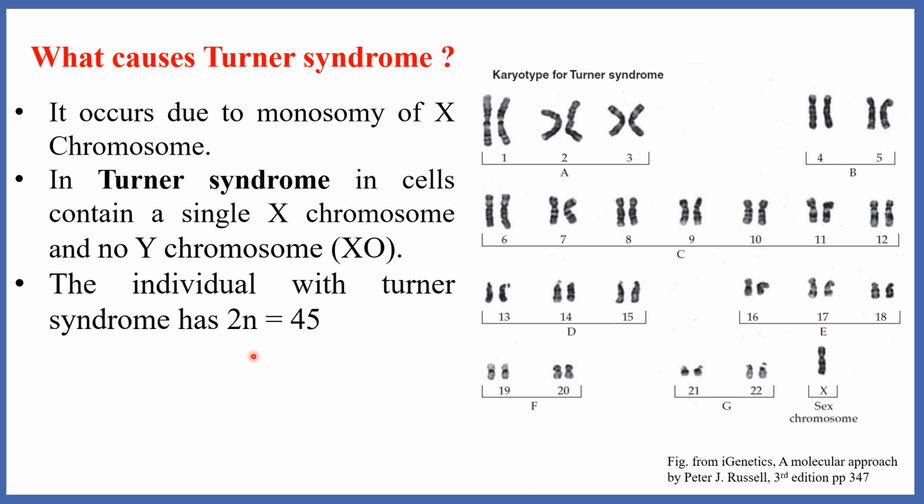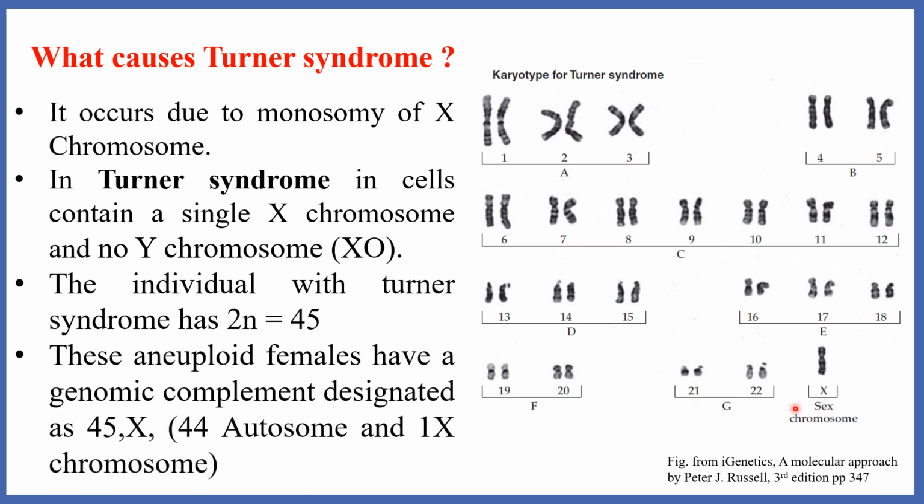Out of these 23 pairs, 22 are autosomes and 1 is a sex chromosome pair, XX in the female and XY in the male. So in Turner syndrome, the patient has only a single X chromosome and therefore their 2n number is 45. Out of this 45, 44 are autosomes and 1 is the X chromosome.